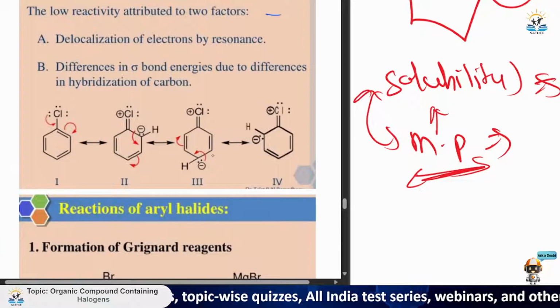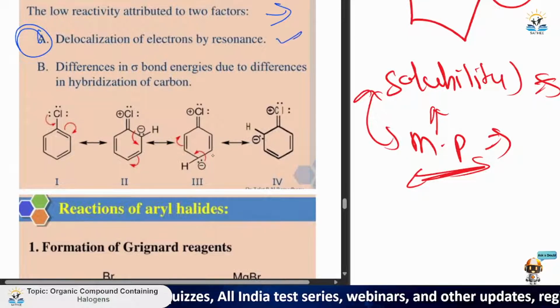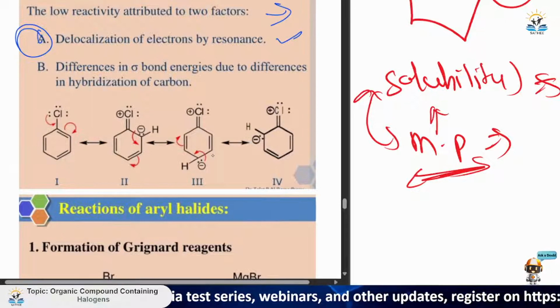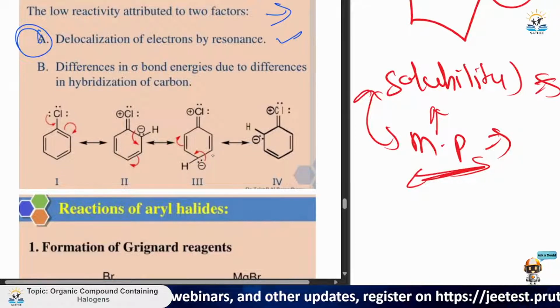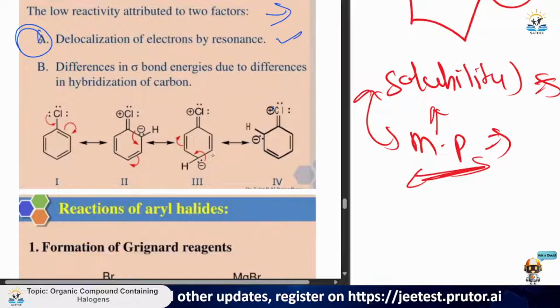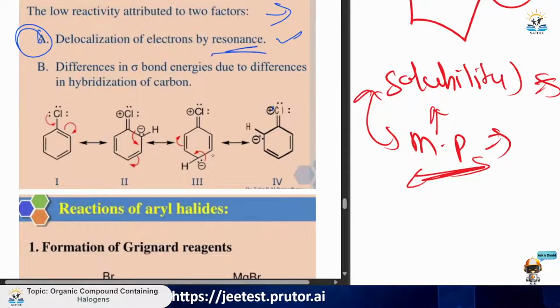The low reactivity is attributed to two factors. First, delocalization of electrons by resonance. See here, if you remove this chlorine atom by taking out this double bond, we will get a different resonating structure. Positive charge comes on this chlorine and negative charge comes on this carbon, so it is not a stable structure formed. Second, difference in sigma bond energy due to difference in hybridization of carbon.